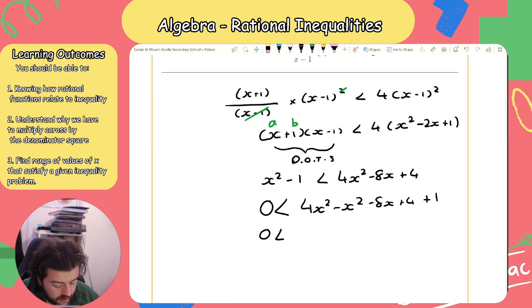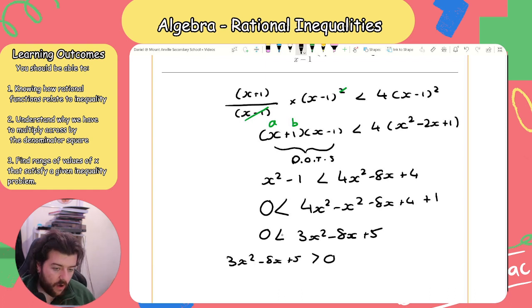So I have 3x squared minus 8x plus 5 is greater than 0.